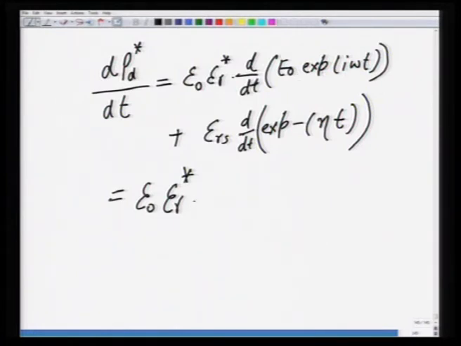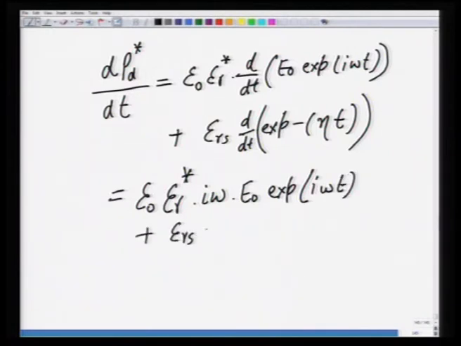this becomes i omega comes out, and again it becomes E naught exponential of i omega t plus epsilon_rs multiplied by minus eta into exponential of minus eta t.